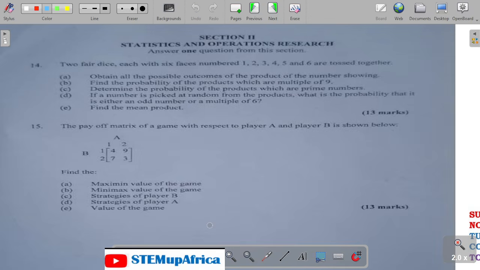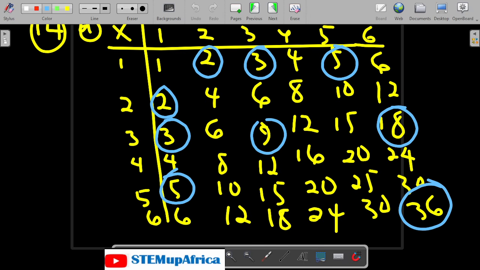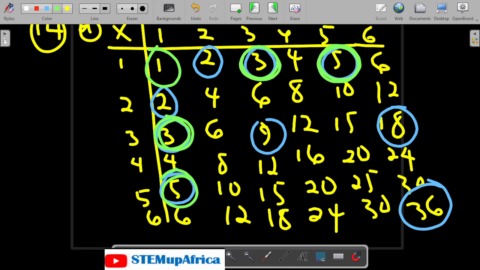Then question D, if a number is picked at random from the products, what is the probability that it is neither odd nor a multiple of 6? So let's find the odd numbers from the table. I'm going to have 1, 3, 3, 5, 5.